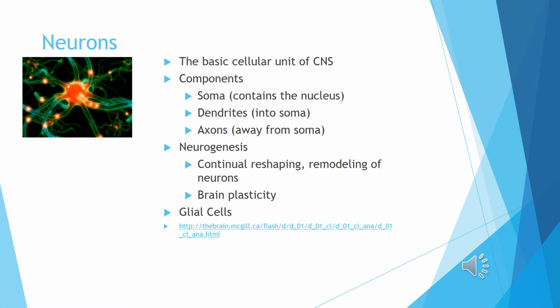And each of these 100 billion neurons can be connected to at least 10,000 other neurons. So this gives us a firing and electrical potential of trillions of possibilities. Remember that from our neuronal firing, neurons that fire together wire together and habits are formed.